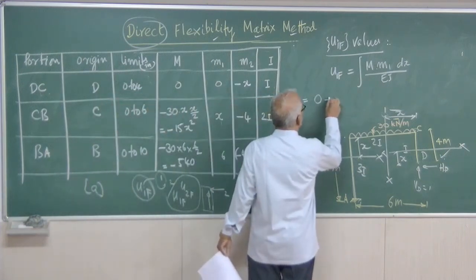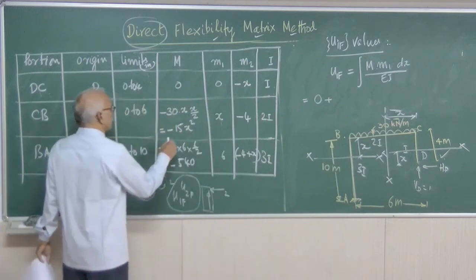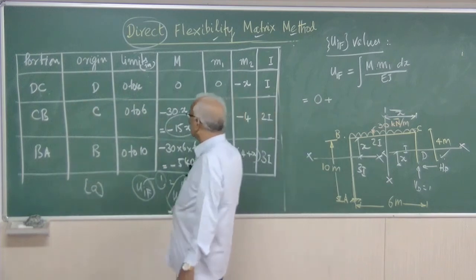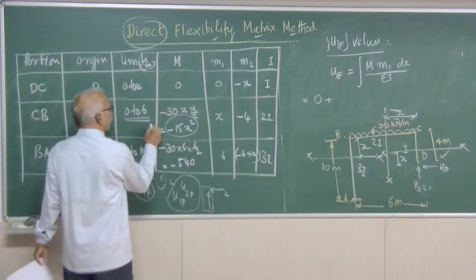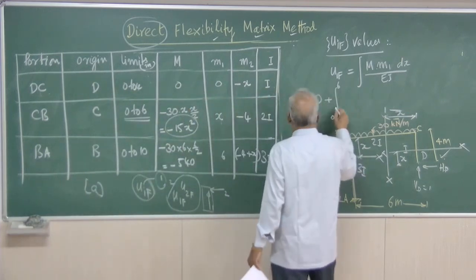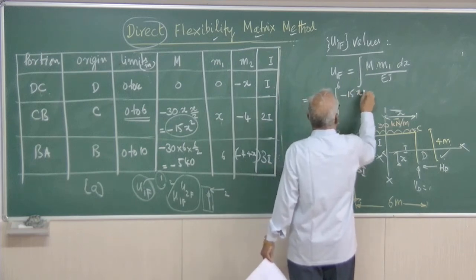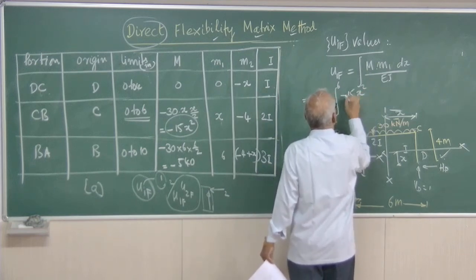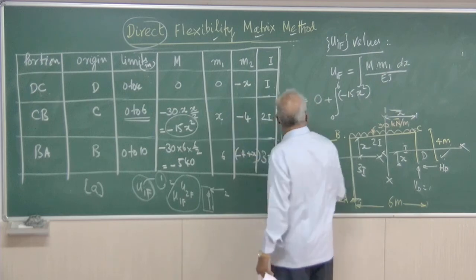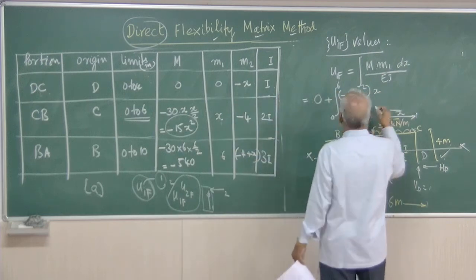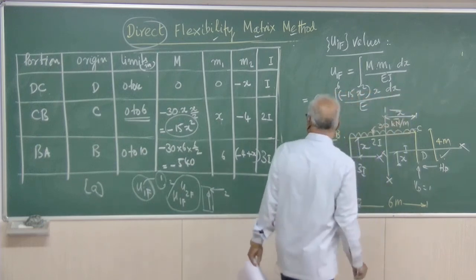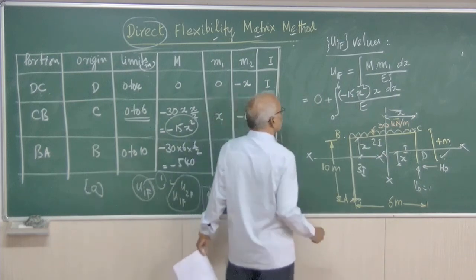Plus, for the second portion, M is minus 15x squared and limits 0 to 6. So integral 0 to 6 of minus 15x squared into m1, m1 is x, into dx by E into I, which is 2I for this portion.